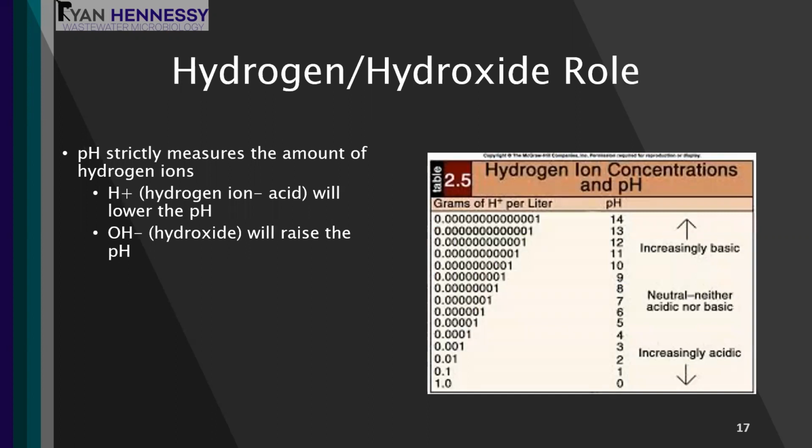When we look at pH, basically what we're doing is measuring the amount of hydrogen ions. A hydrogen ion will lower the pH and a hydroxide ion will raise the pH. It's a logarithmic scale of hydrogen ions that we're looking at when we're measuring pH.